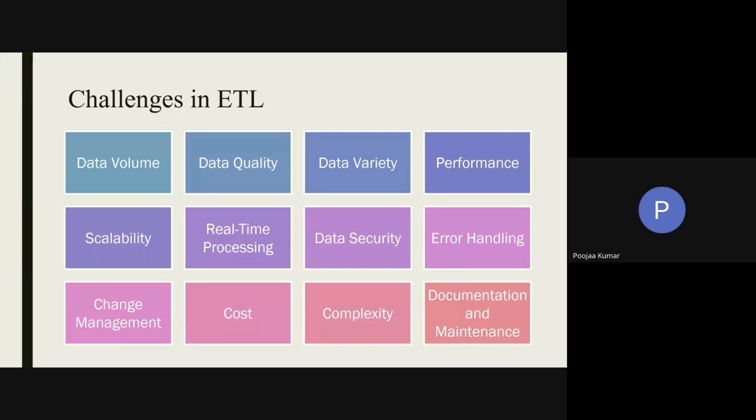Data variety, let's say earlier when they developed, they were only handling 4 different types of file format. Now the client is having 6 or 7 different types of file format. So the ETL pipeline must be able to accommodate all the upcoming changes. Performance, once data volume increases, the time taken by the ETL jobs to run will also increase. We have to optimize its performance also.